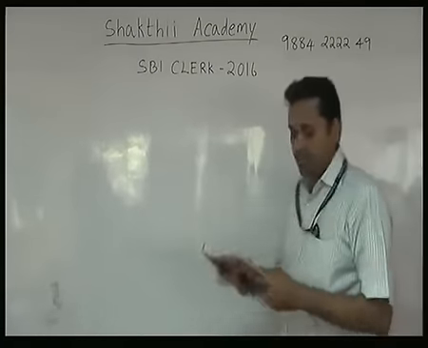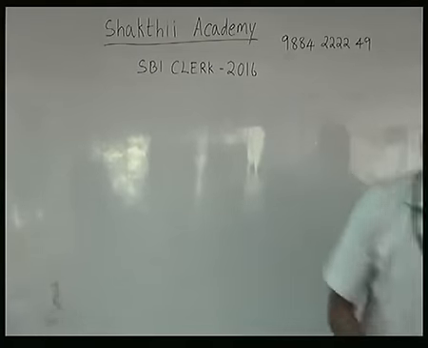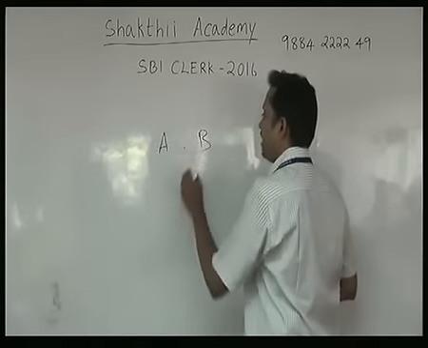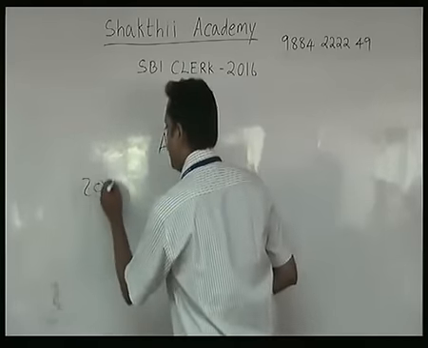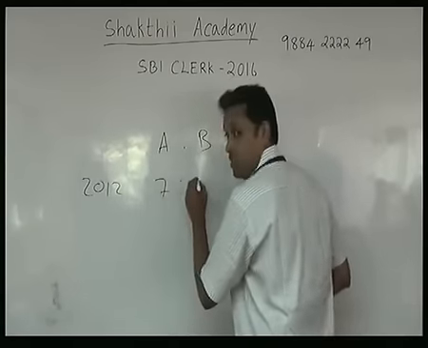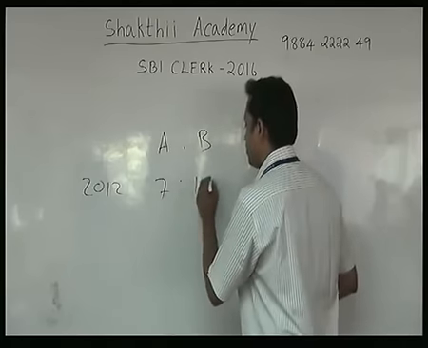As per the question, in Institutes A and B, the ratio of the number of students in 2012 is 7 is to 15.